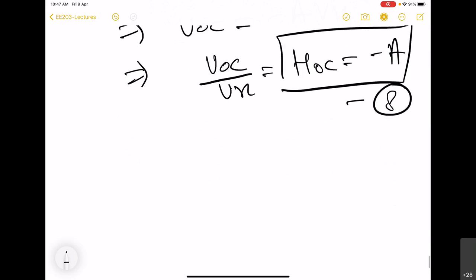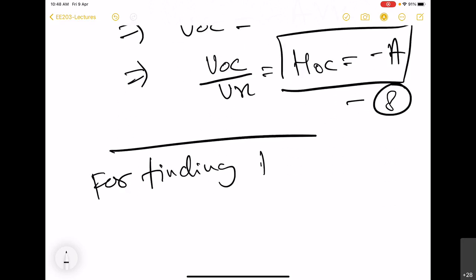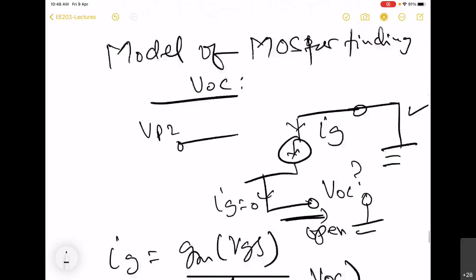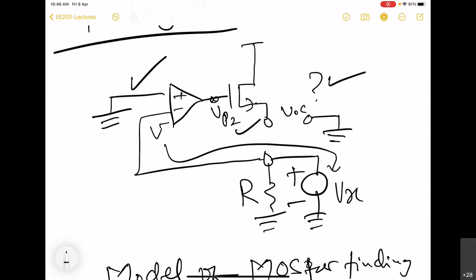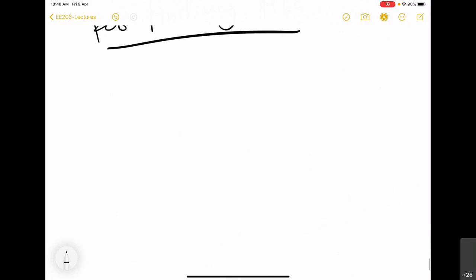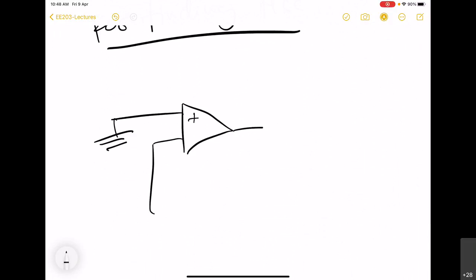Right. So now we have to find out the short circuit transfer function. So for this case, we have to create a different circuit, but we again break the loop at this location, that is node 3. So we set the external input to 0.